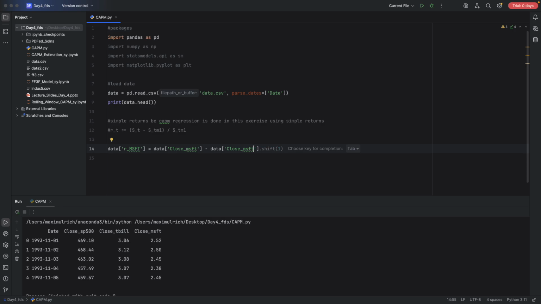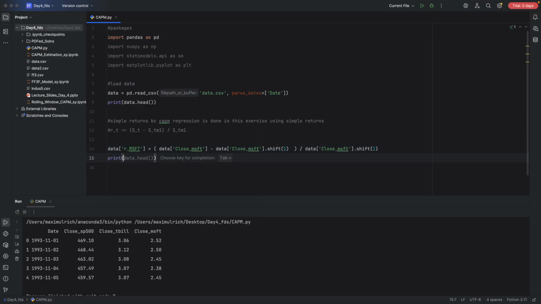It makes a suggestion here, so I use the shift operator. If you do shift 1, it shifts by 1 row. So it's important to look at the data first, and notice whatever's on top is in the past. So I want to shift to get to T minus 1. And now I'm dividing everything by exactly this one here. Good. So this should work.